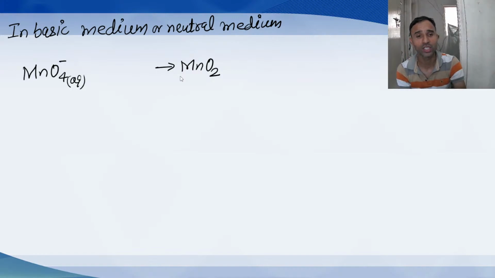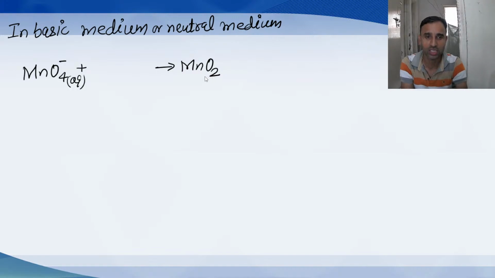Now add H2O to the side. See, in acidic medium, we add H2O to the side deficient of oxygen. But this time, in basic medium, add H2O to the side excess of oxygen. So see, on the right side, there are 4 oxygens. On the left side, 2.